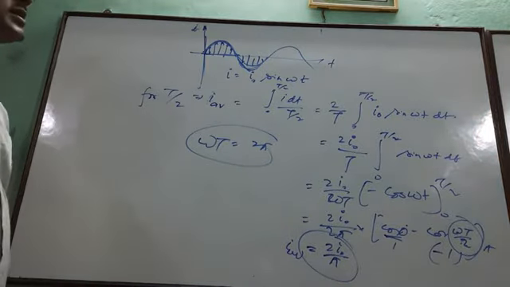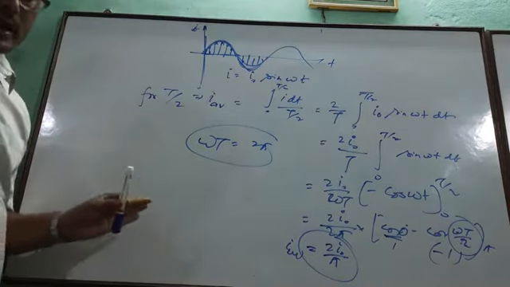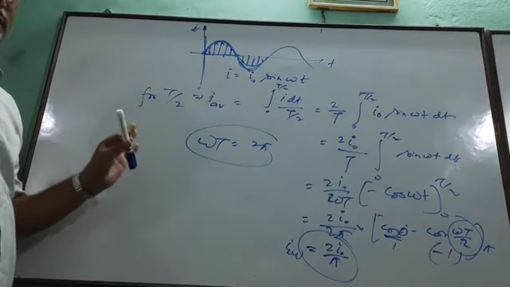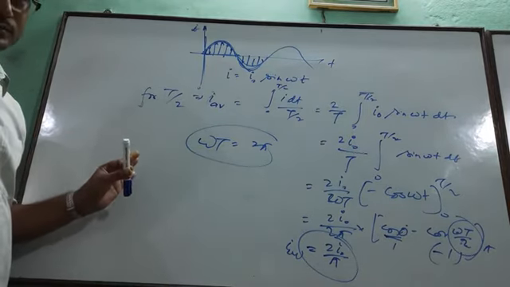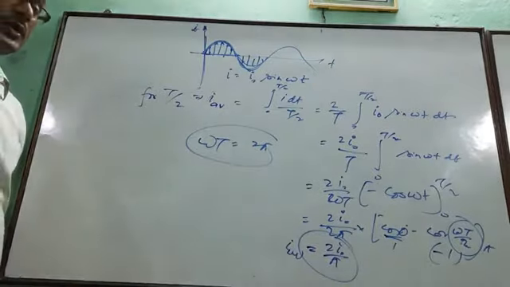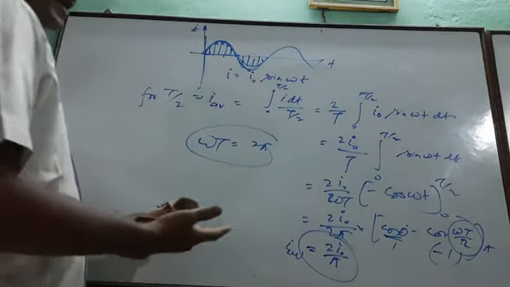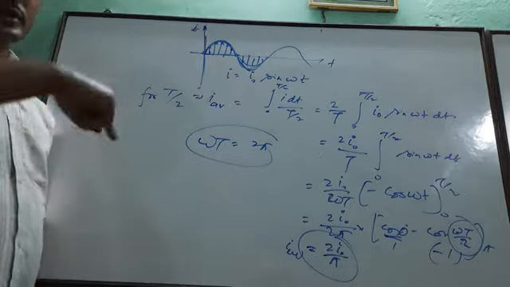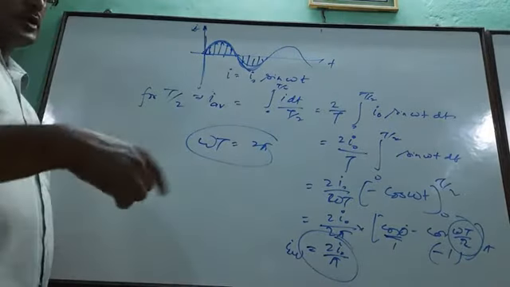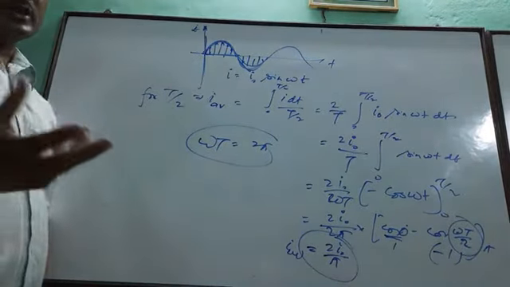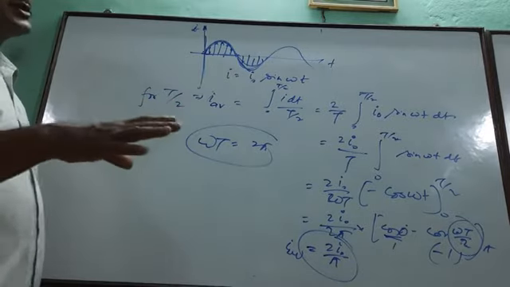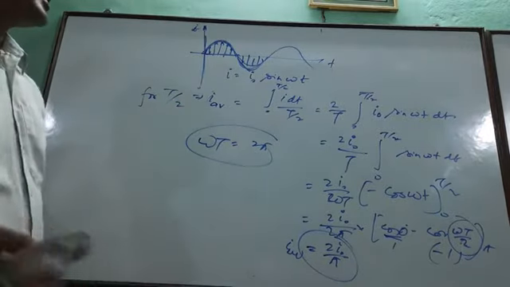So AC alternating current is represented in the form of RMS current, root mean square. As we are getting zero value for a total time period, that's why we have to consider the RMS value. How does it come?